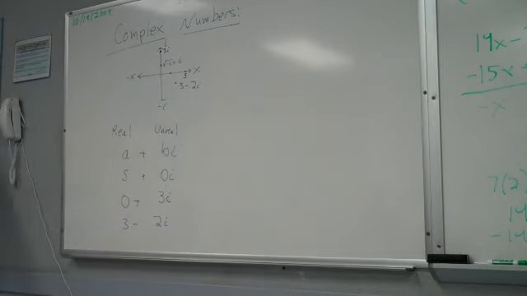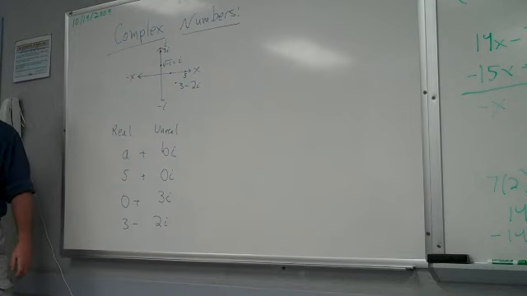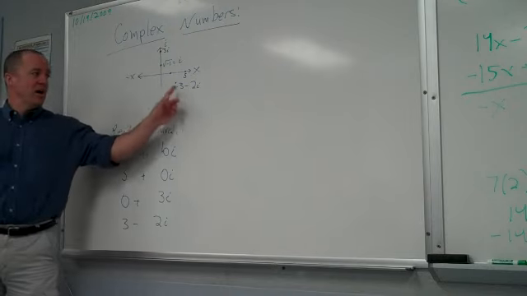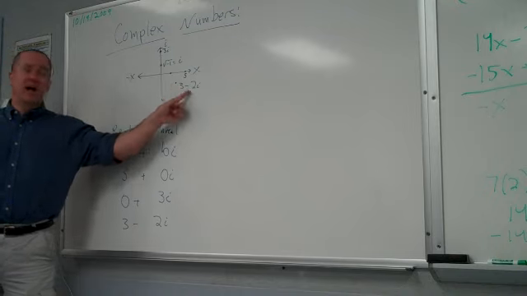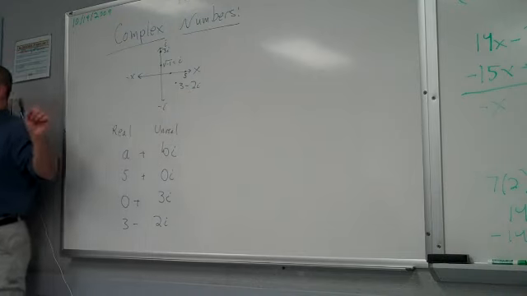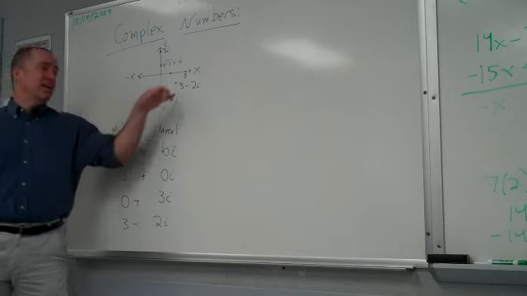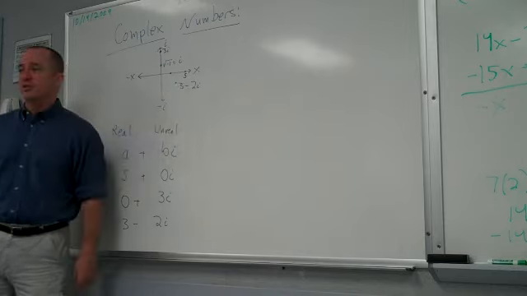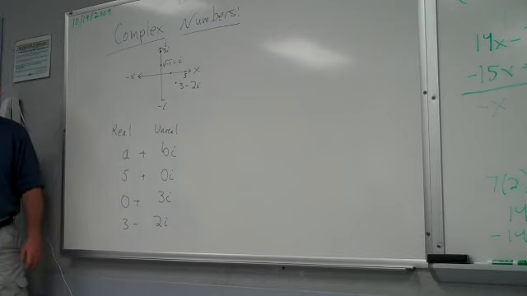When you are graphing on the complex plane, you treat the real and unreal component the same way you would x comma y. 3 minus 2i is 3 over on the real axis and 2 down on the imaginary axis. So you graph it as if it were 3 comma -2, but it's not. It's one single number. It's not a length and a width represented by two different numbers. It's one number that represents a two-dimensional position. What's the difference? Not one you'll have to care about until you get to an electrical engineering course. But for now, I'm just telling you, don't confuse them.